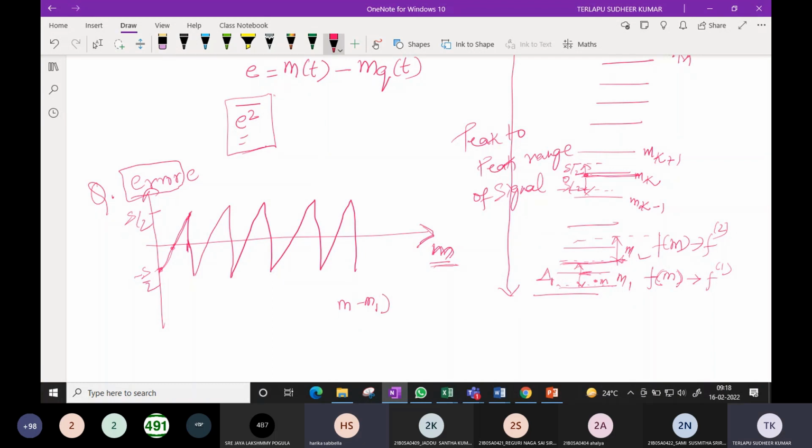So I have to calculate the square of this, M minus M1. And we should also consider the probability that the signal lies in this region delta 1. So F of M.